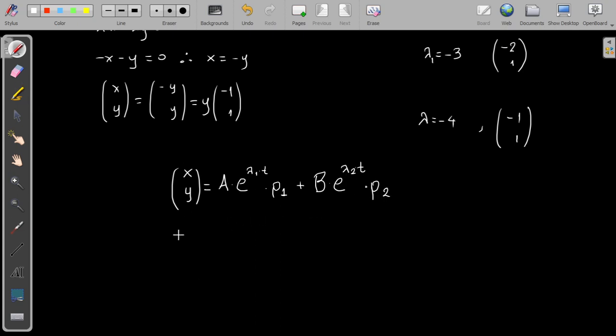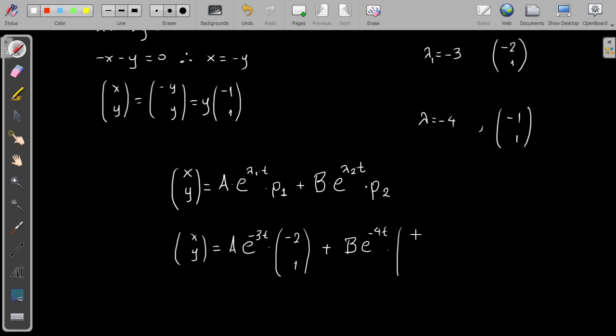Now if I substitute, I will have xy equal to a e to the minus 3t times minus 2, 1, plus b e to the minus 4t times my second eigenvector, which is this one.